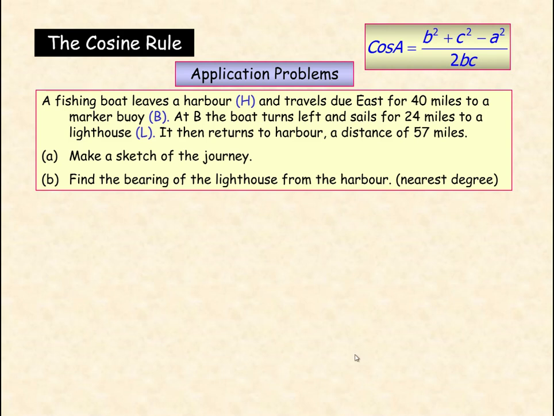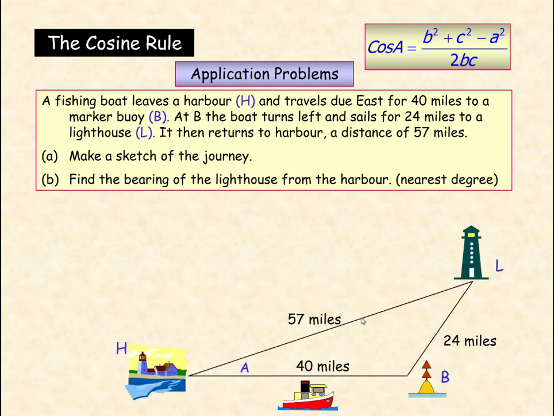But if we sketch it, we would have something like this. So heads east first, and then turns left. So leftish, and goes 24 miles to the lighthouse. And then from the lighthouse back home is 57 miles. The only indication we got where we had left was we do understand that it's going to be more than 40 miles to get back.